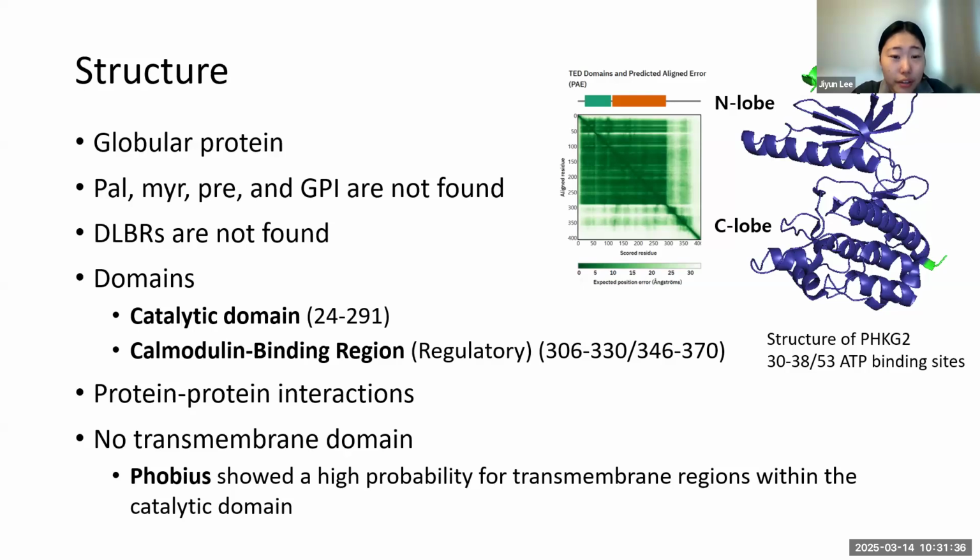It is unlikely to have transmembrane domains, even though analysis suggests a high probability of transmembrane-like regions. These are within its catalytic domain, so it's not a valid expectation. Key functional sites include ATP binding sites, probably for catalytic activity. No acetylation.